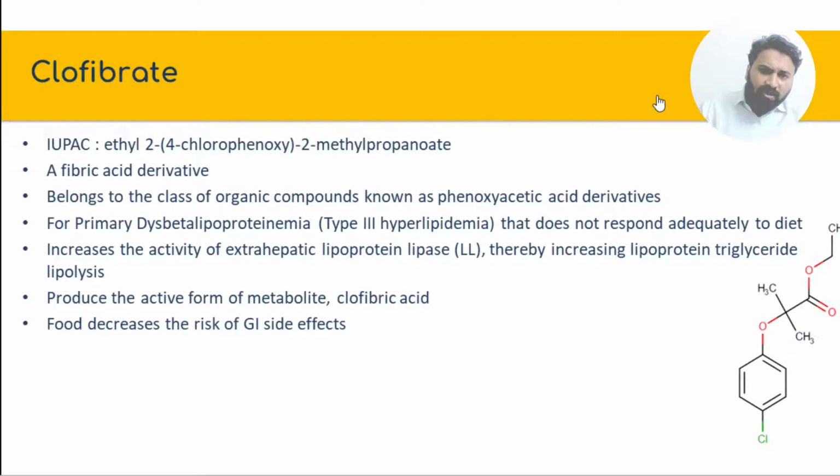Now, if we talk about the target, there are some alpha receptors which are related to the peroxisome proliferators actually, which are a specific type of target for this clofibrate. This clofibrate is metabolized in the hepatic and gastrointestinal tract, and rapid deesterification occurs in the gastrointestinal tract on first pass metabolism, and they produce the active forms.